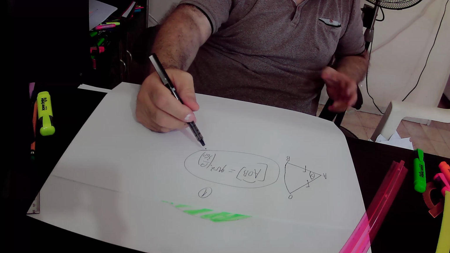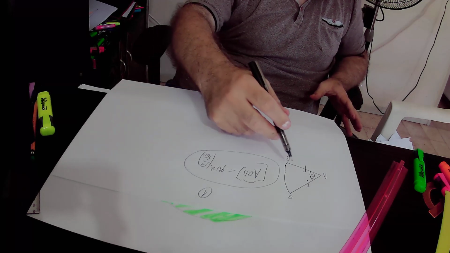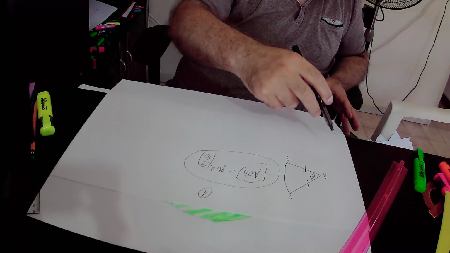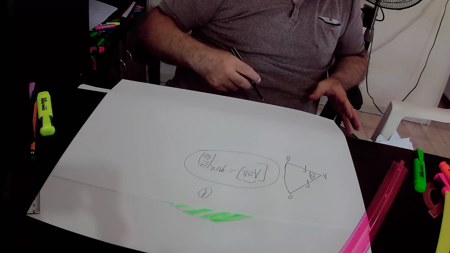That gives us the ratio that this sector occupies out of the entire circle.